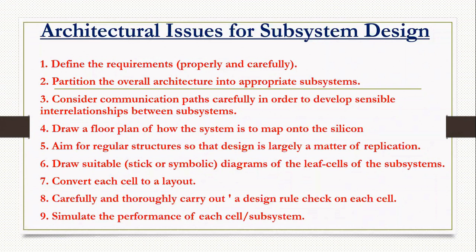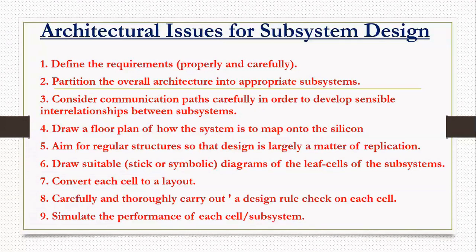If we want to design any subsystem, we'll have to follow some guidelines or steps. They are listed as follows. First, we need to define the requirements properly and carefully.